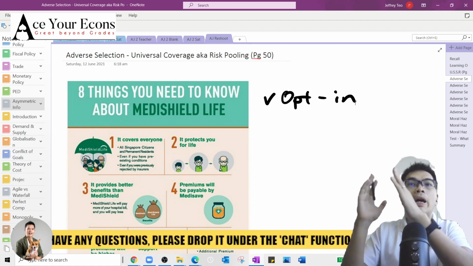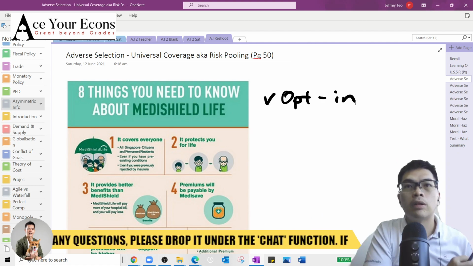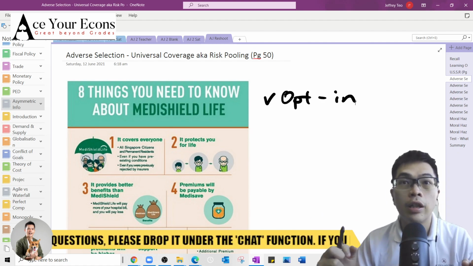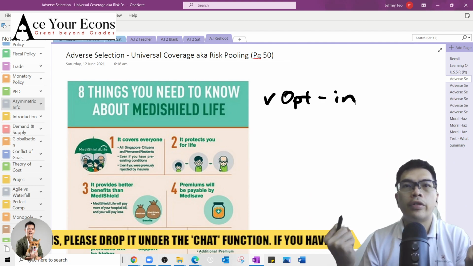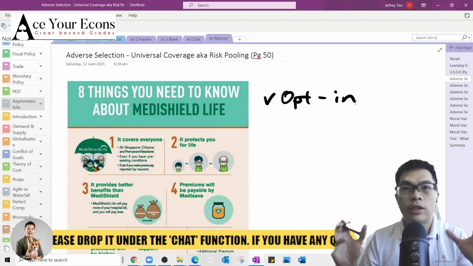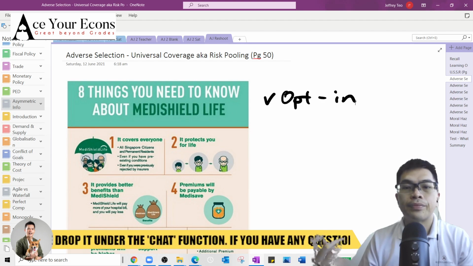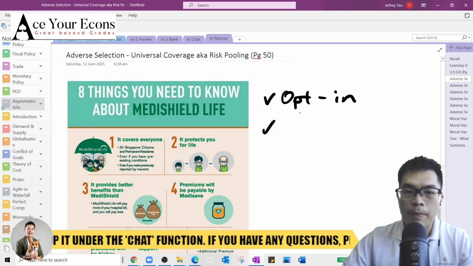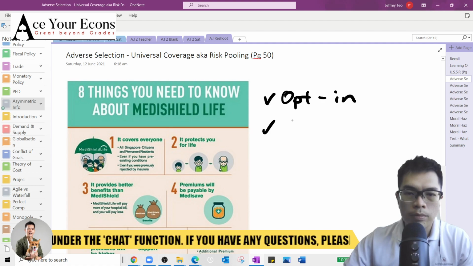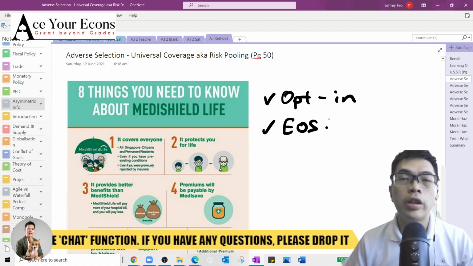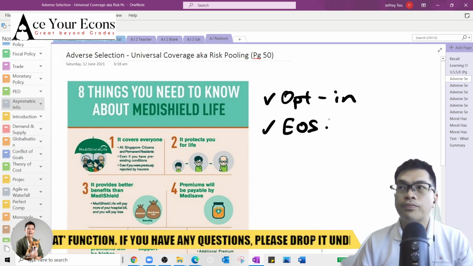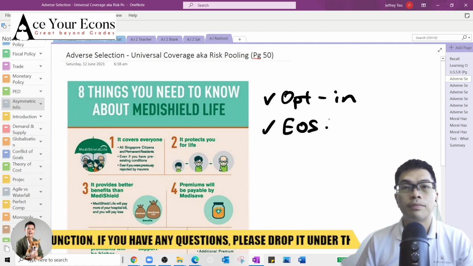So by including the healthy people in the pool mandatorily, we can reasonably assure that everyone covered in the insurance is reasonably healthy. You can see that the benefits of this would include economies of scale, because when we are able to offer insurance to a wider pool of people, there are going to be more cost savings.